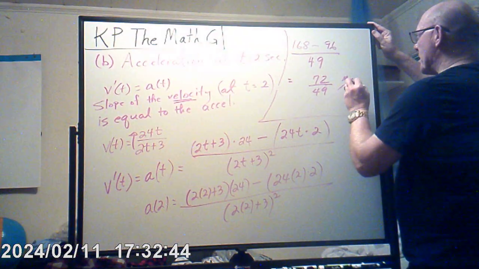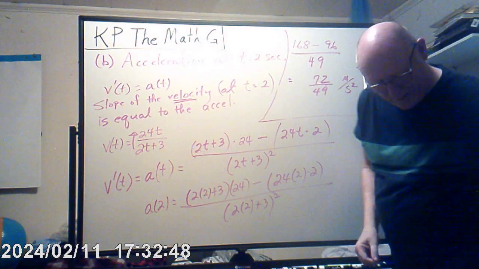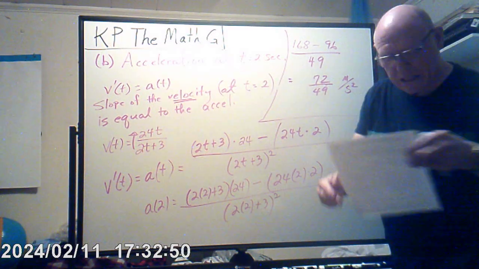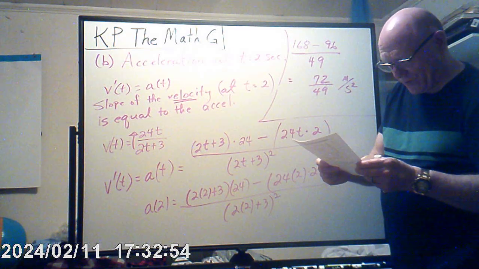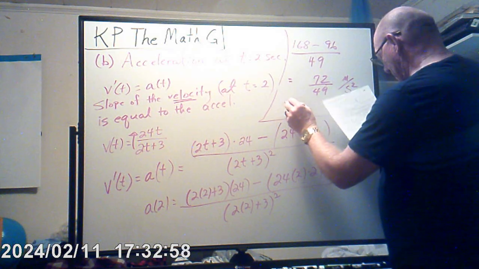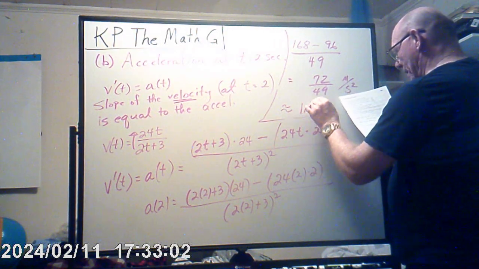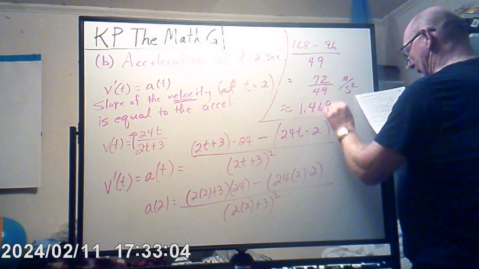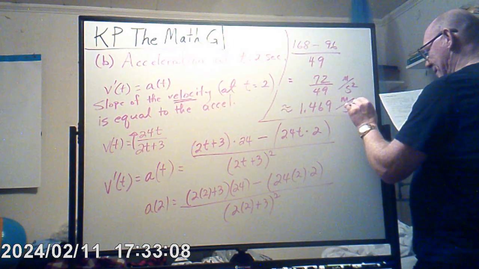I do have this correct. It is 72 over 49, which is about equal to 1.469 meters per second squared.